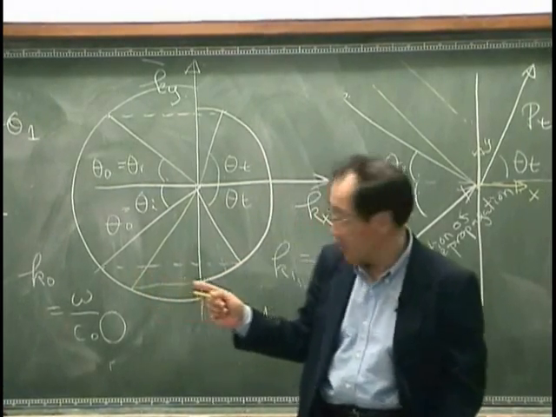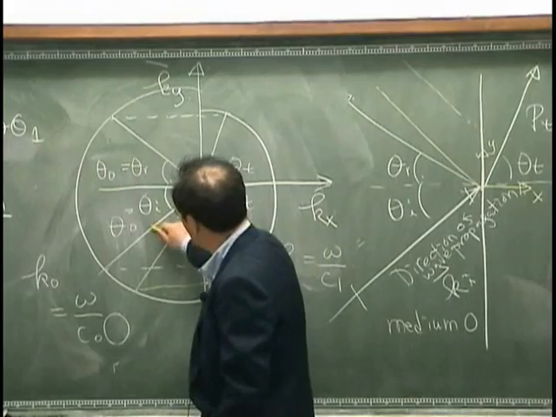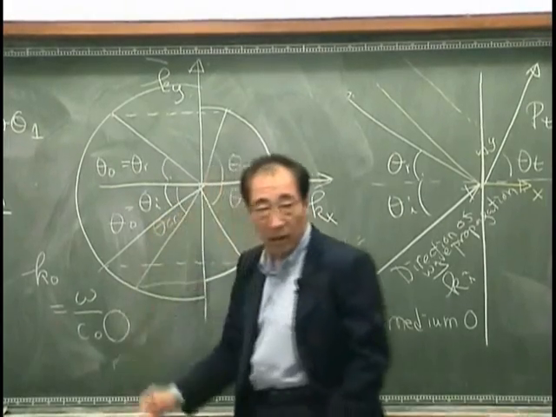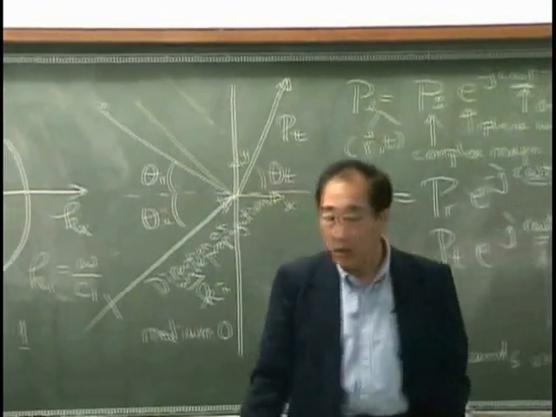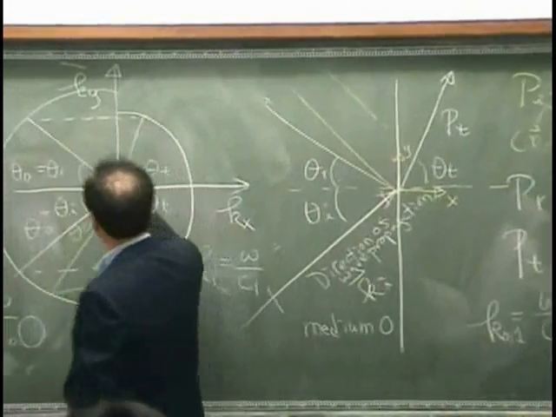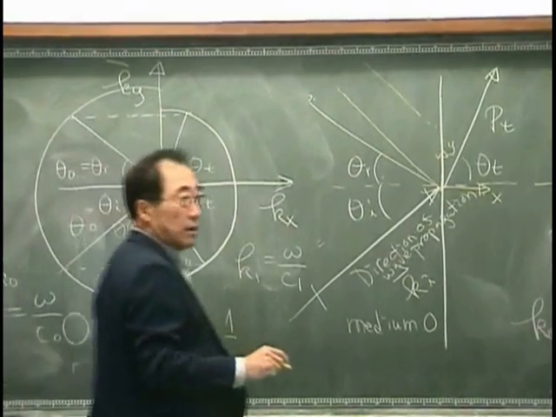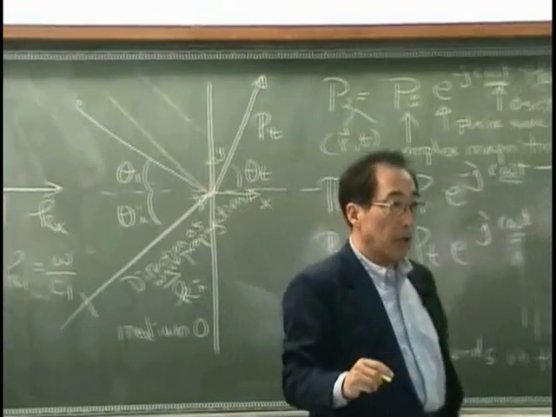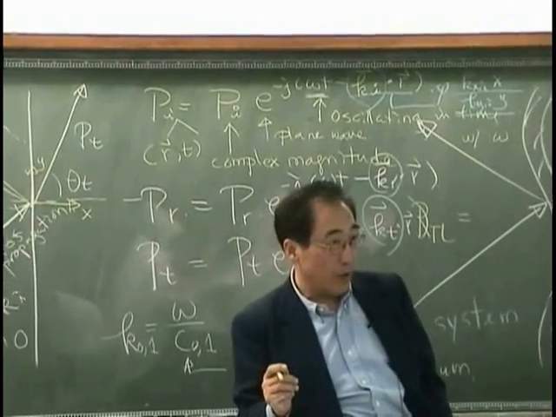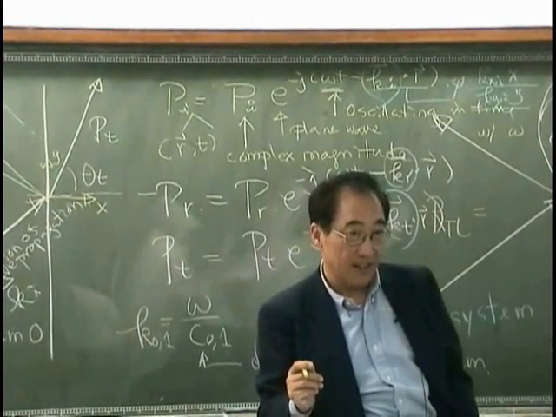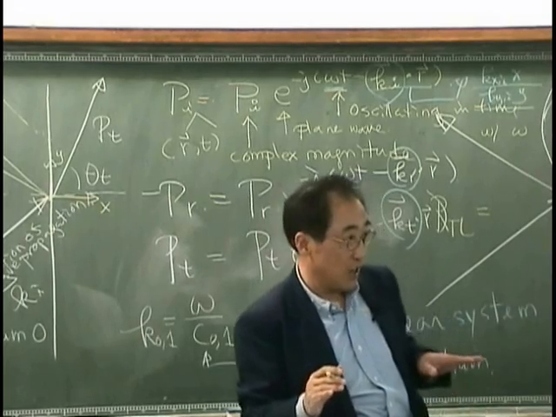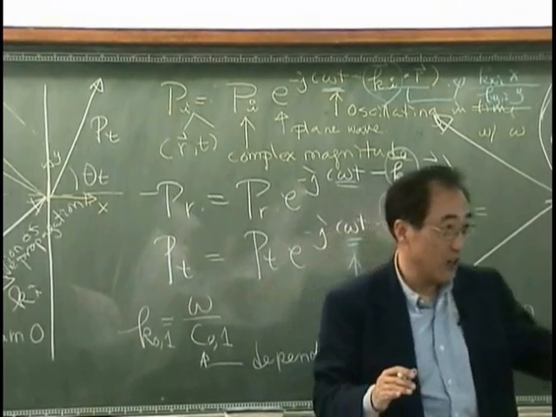This is called the critical angle. At the critical angle, transmission occurs in this direction. In other words, at the critical angle, when I shout, transmission occurs in the y direction only, right?